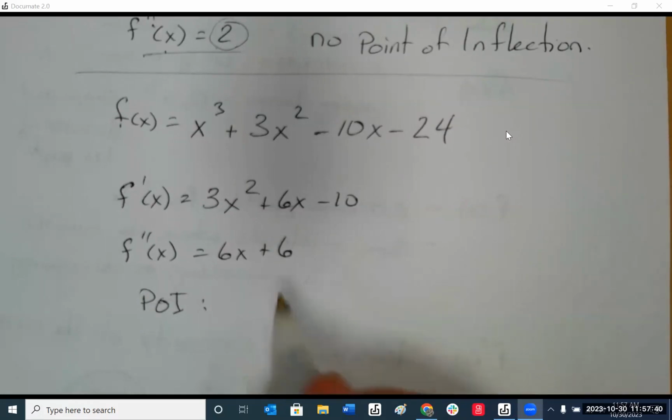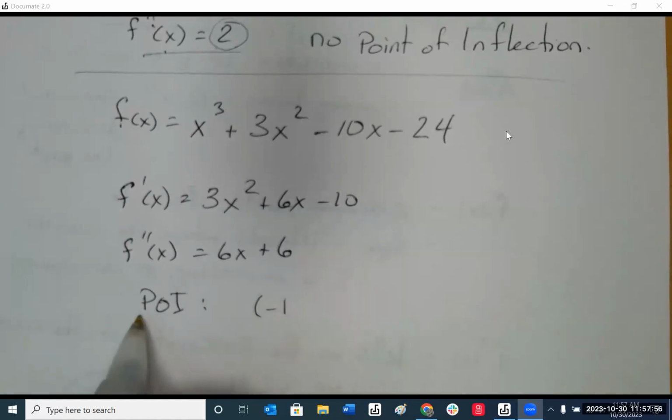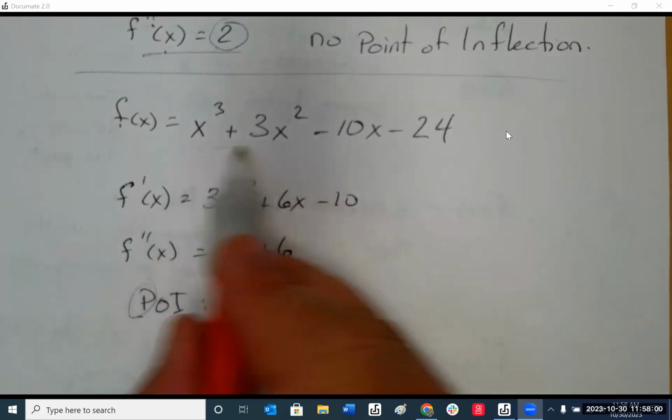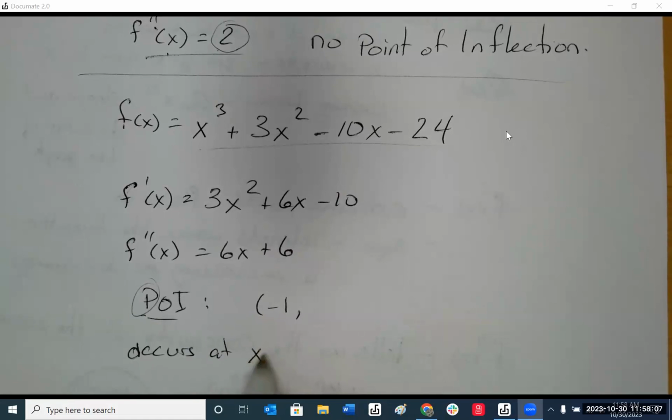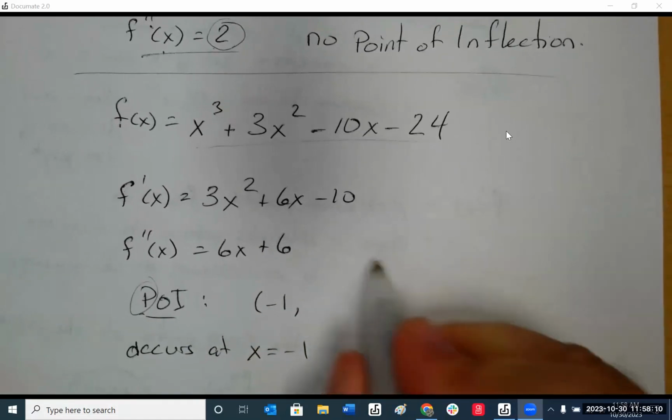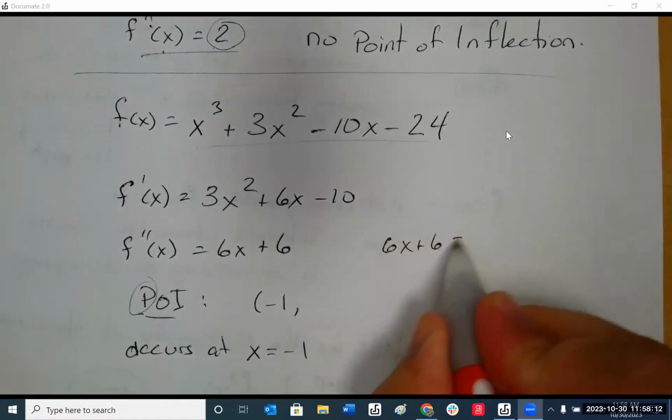Negative one. -1. But I want a point of inflection, the point, so you have to plug the negative one in. Right? Yeah, the point of inflection occurs at x equals -1, by setting 6x plus 6 equals 0.